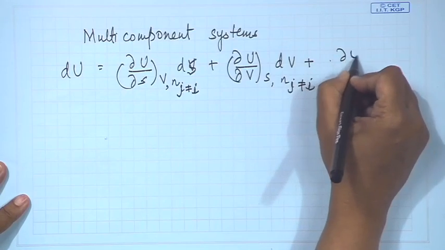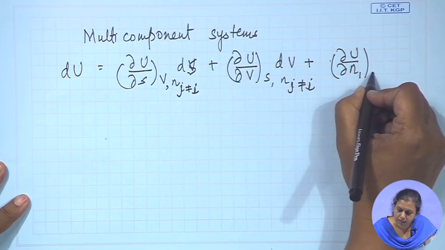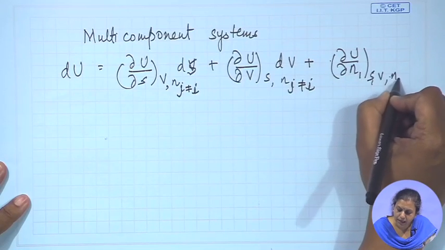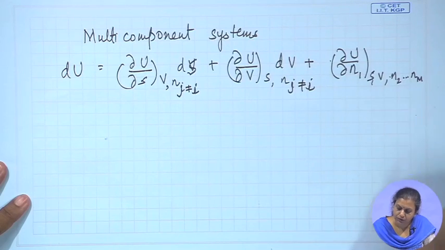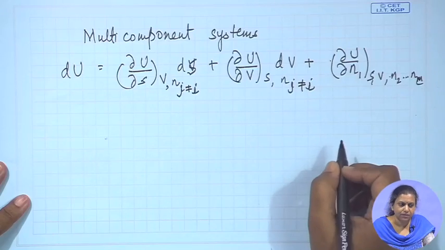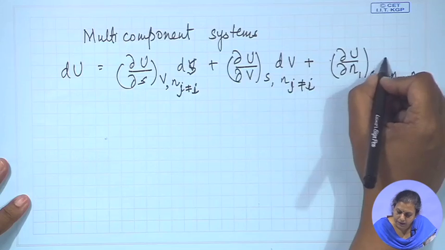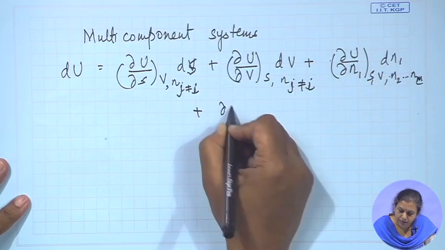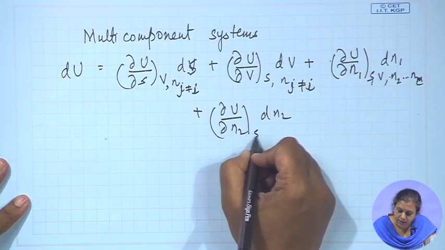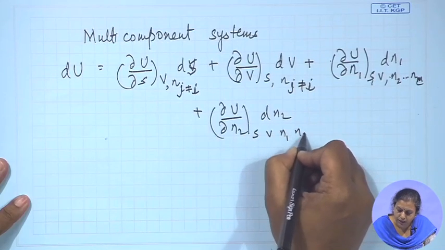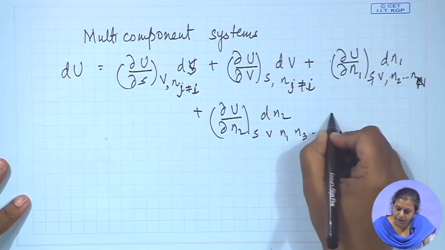So, therefore, this is going to be del U del n1 at constant S, V, n2 to the final component nc, where nc is the total number of components. It goes on continuously: dn1 plus del U del n2 dn2, again at constant S, V, n1, n3 till n, and so on.